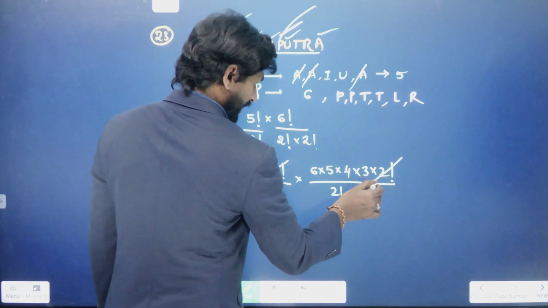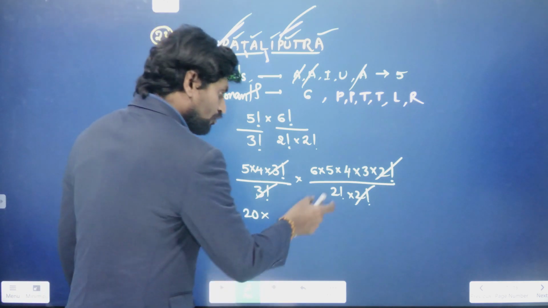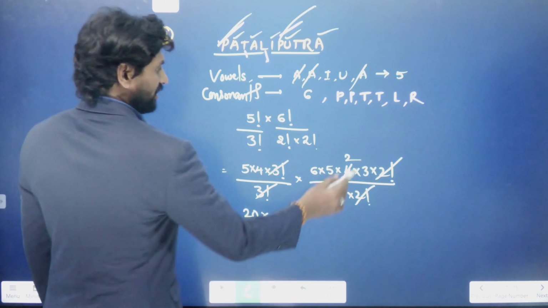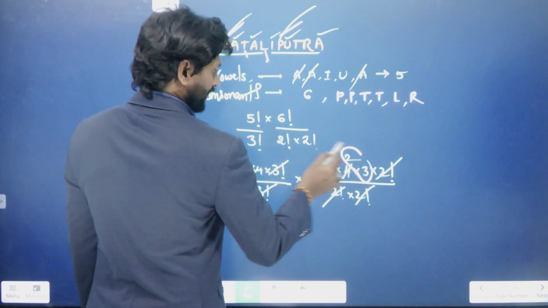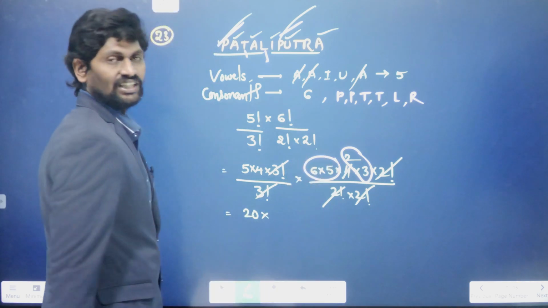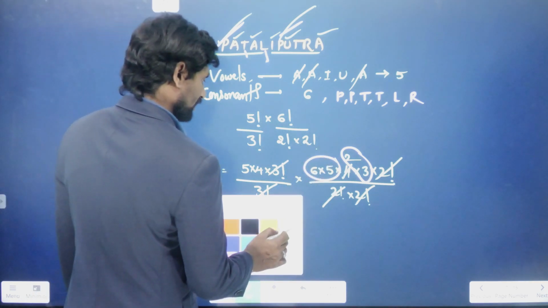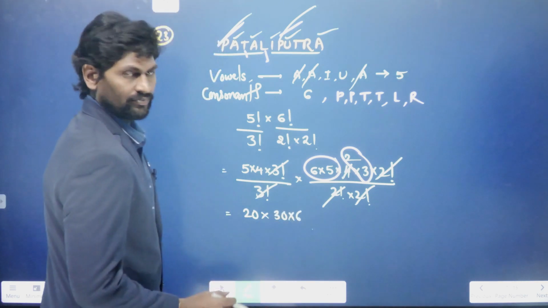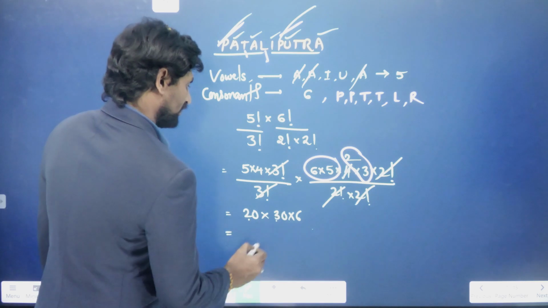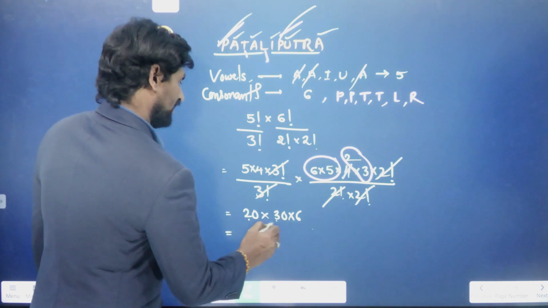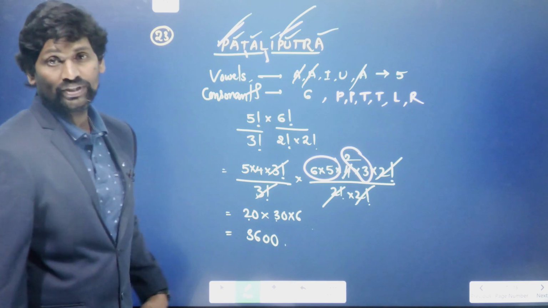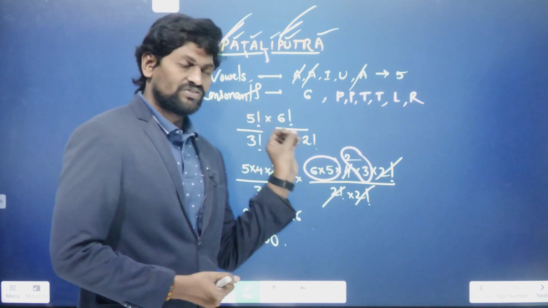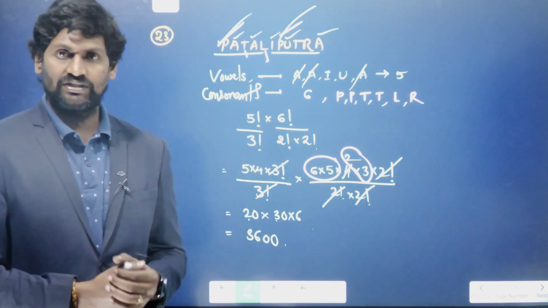Numerator 2 factorial and denominator 2 factorial cancel. 2 factorial value is 2, 2 fours are 8. So 30 into 6 we need to take. 2 sixes are 12, 6 sixes are 36, and here 2 zeros. So there are 3600 ways we can arrange Pataliputra with vowels and consonants in their respective positions.